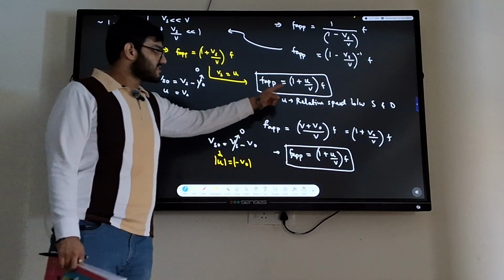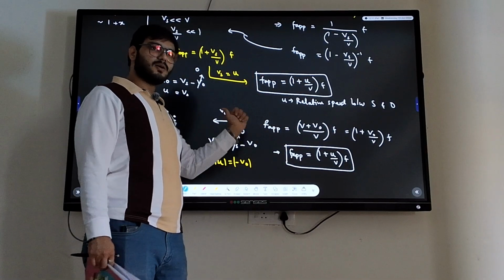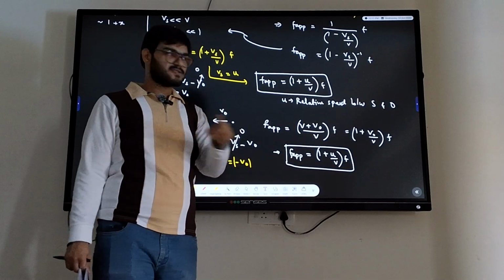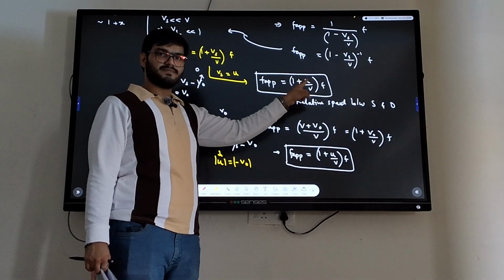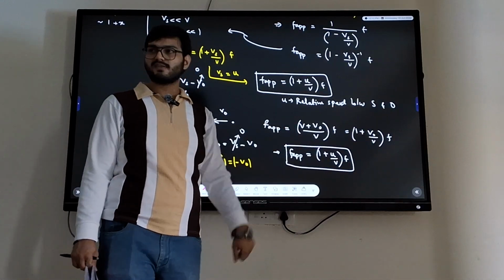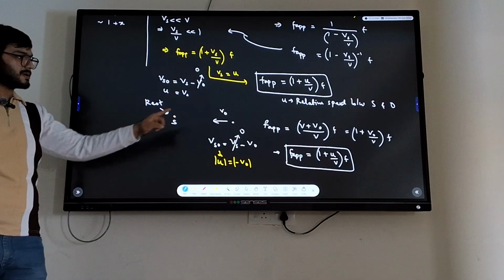But now I find this result that it doesn't matter if the source is moving or the observer is moving, I'm finding the same answer, and the only thing it depends on is this relative speed, not the absolute speeds, but the relative speed. Yes or no? So this is not true in general, but in some cases it can be true.